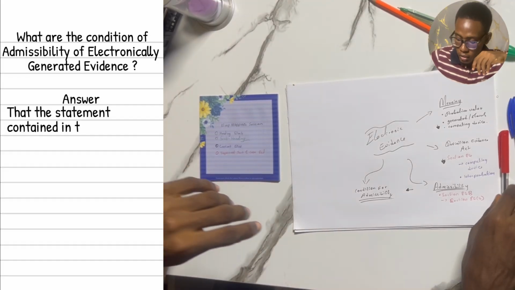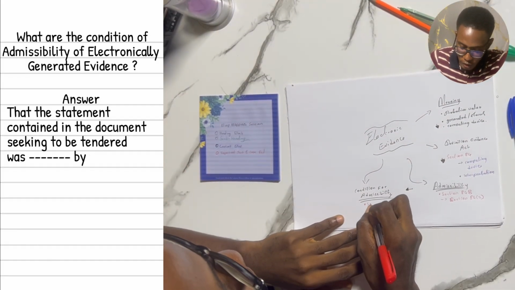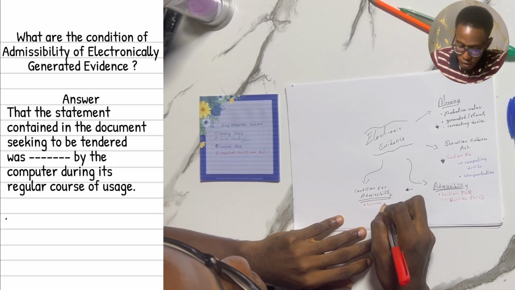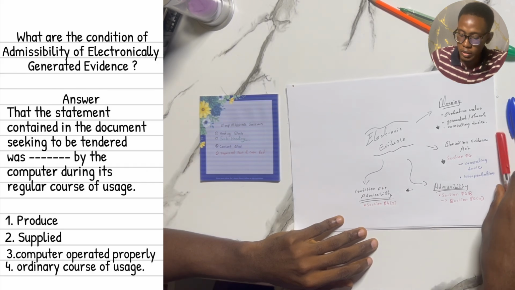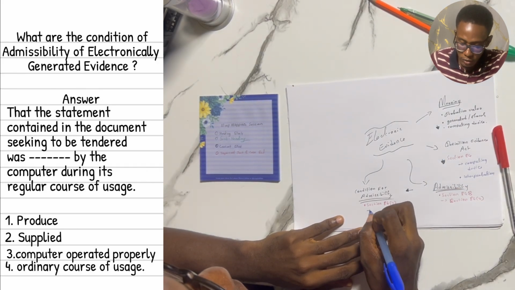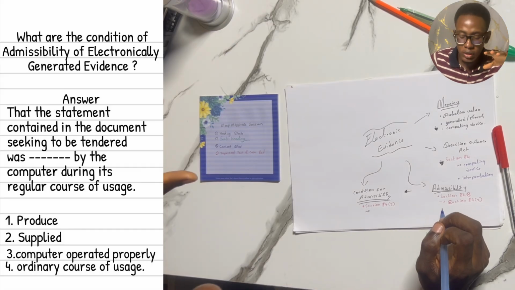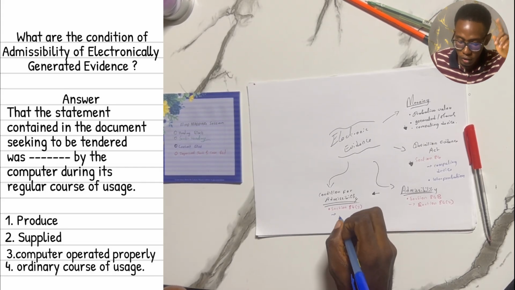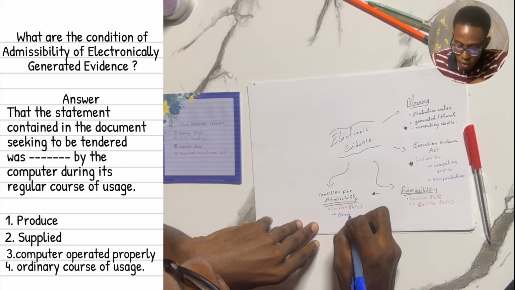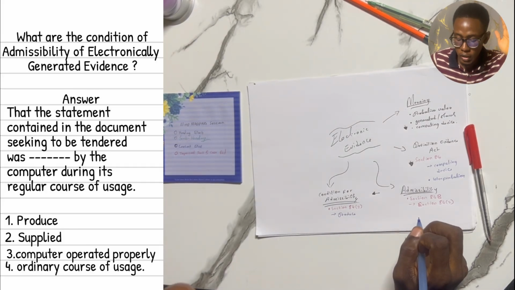That can be seen under section 84 sub 2, and it simply states the conditions for admissibility of the electronic evidence. First of all, the information contained in the document was produced by the computing device during its regular course of business.